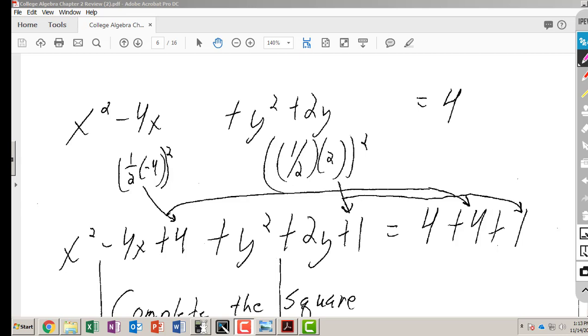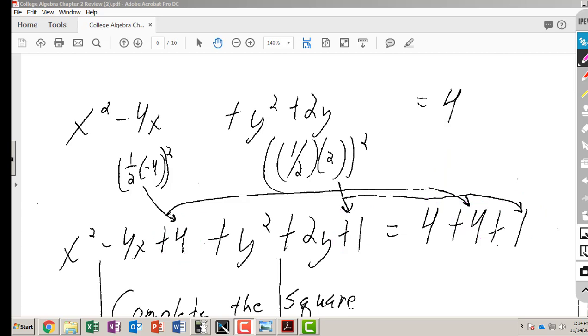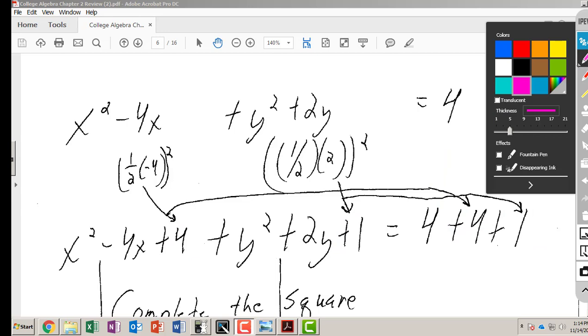Of course, what I do to one side of my equation, I have to do to the other side. I added 4 here, so I have to add 4 over here. I still have the 4 from when I moved it over, so I'm going to add 4, and also add 1, to both sides.